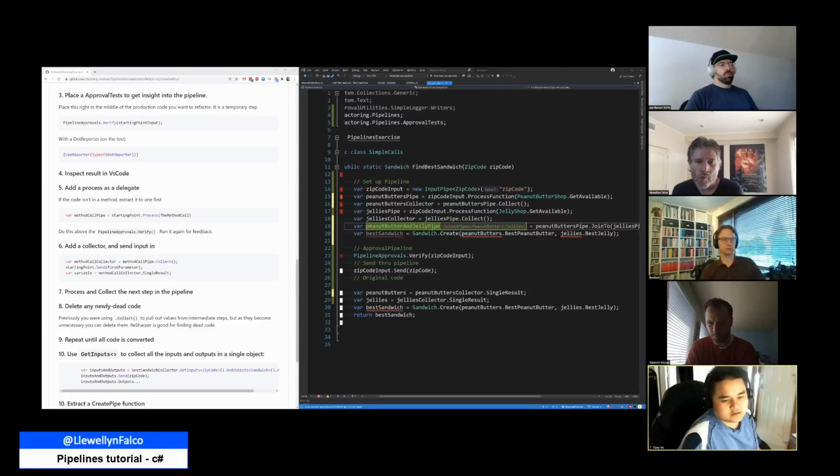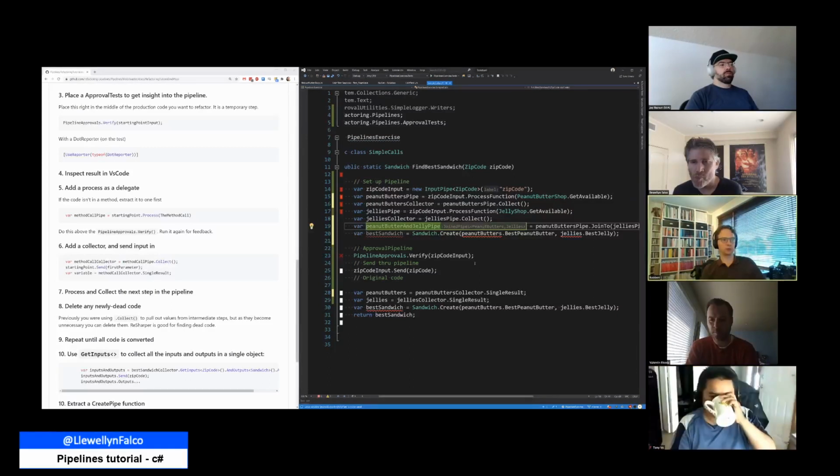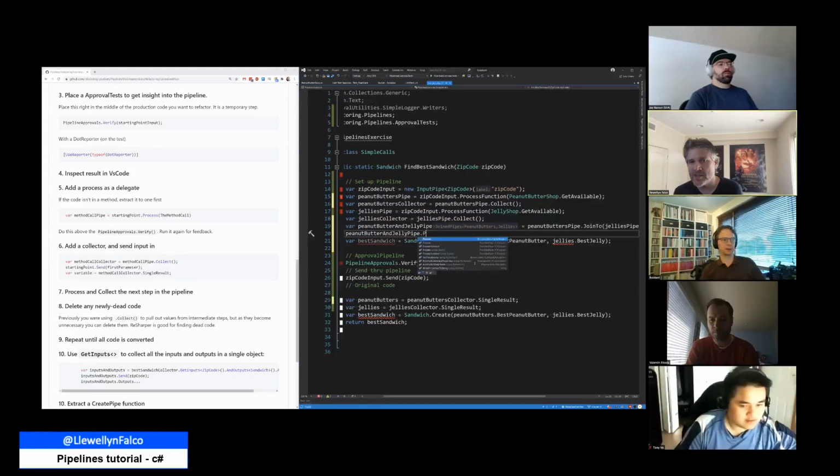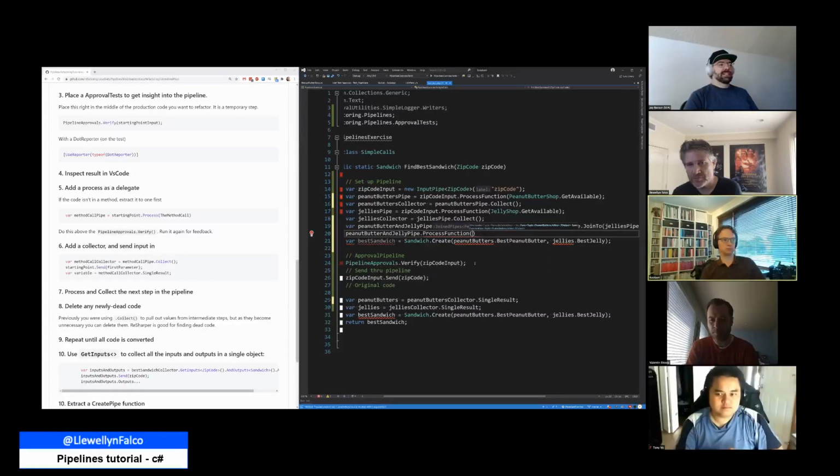Okay, so now we have our pipe, and now we can add a process function. No, so in front of the sandwich.create. No. Go back. Because you take the inputs and you put them in front of the method. And this is actually not going to be a process function. It's going to be a process.